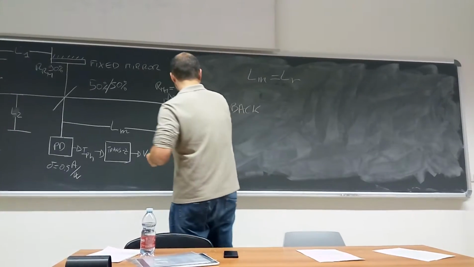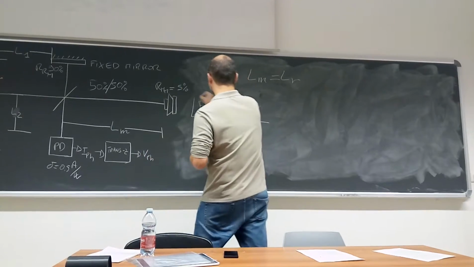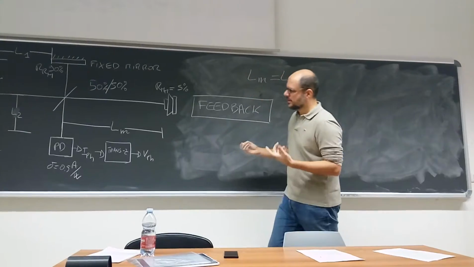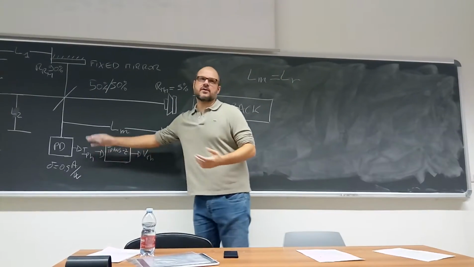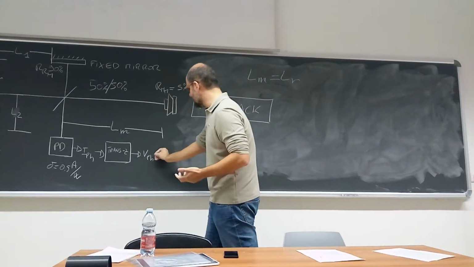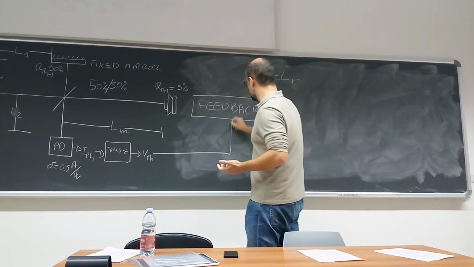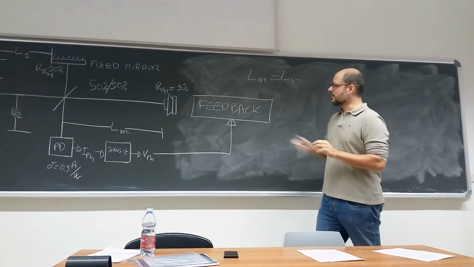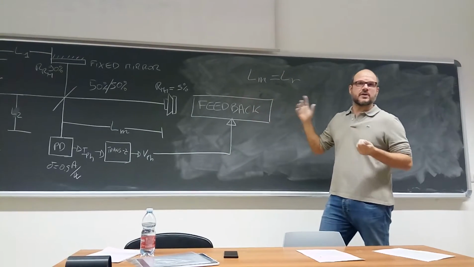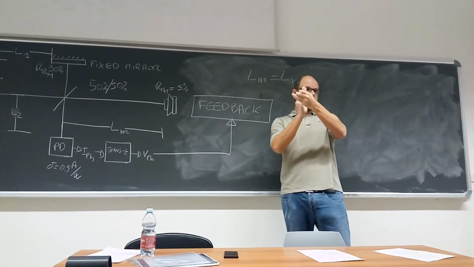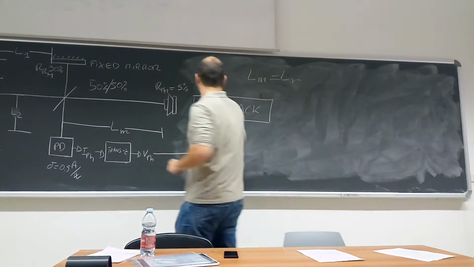You must use, let's call it, a feedback circuit. Then, what does this circuit do? This circuit senses the photo-detected current or the photo-detected voltage. This is not really important. So let's suppose that I'm using the photo-detected voltage. So, in a way, this feedback circuit knows how much the target is moving. And so what does it do?